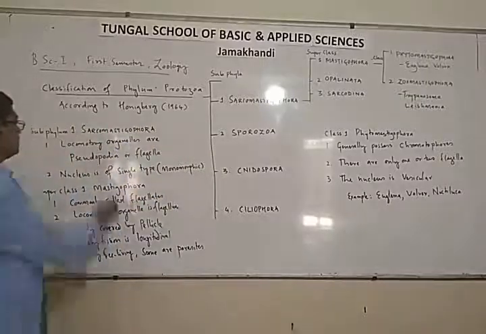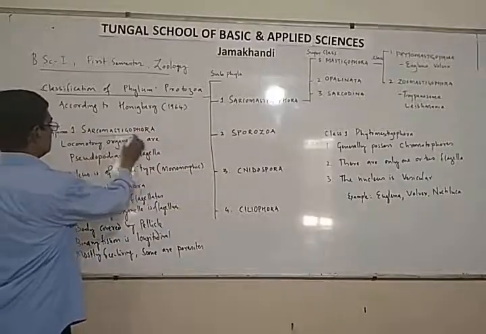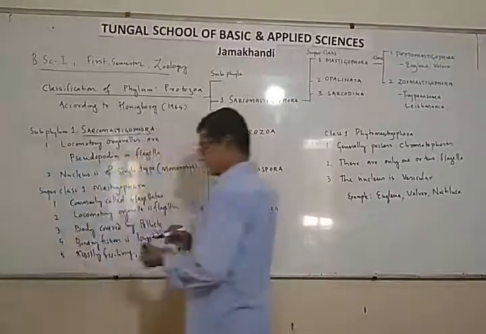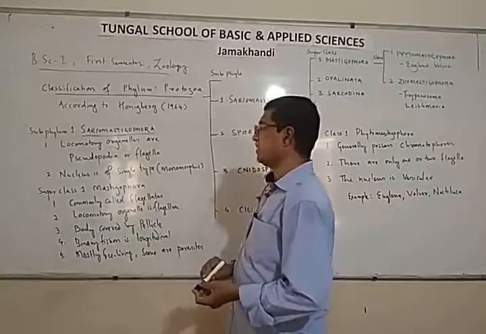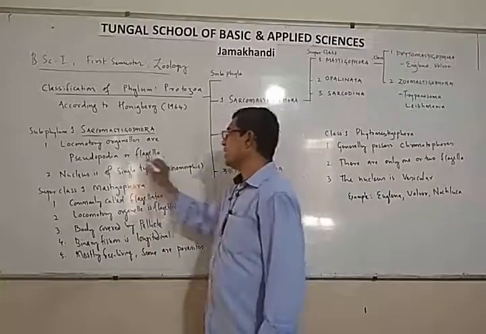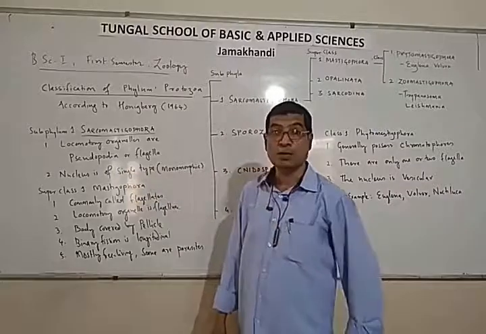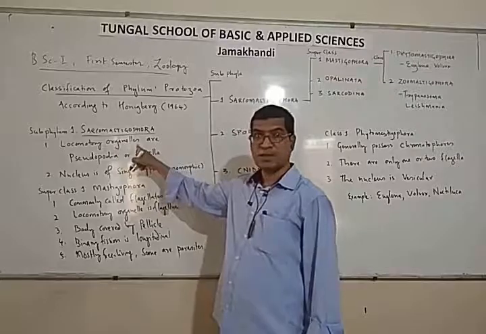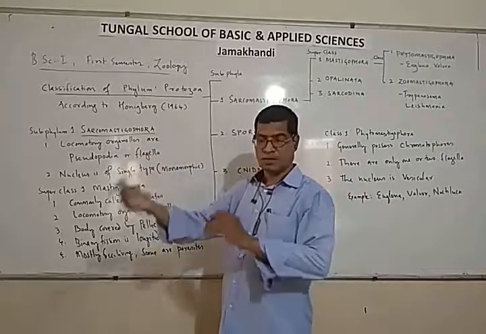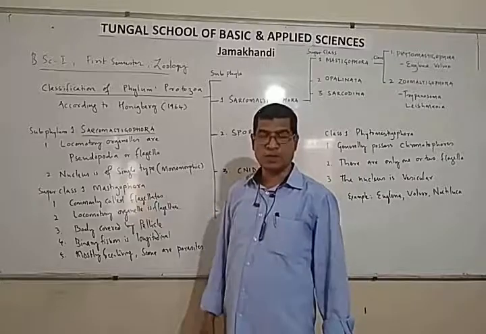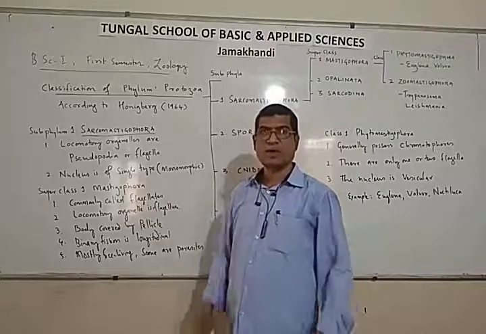So Sarcomastigophora, right? These animals have locomotor structures such as pseudopodia or flagella. Locomotory organelles means locomotion, movement from one place to another place in search of food or mates or their requirements.